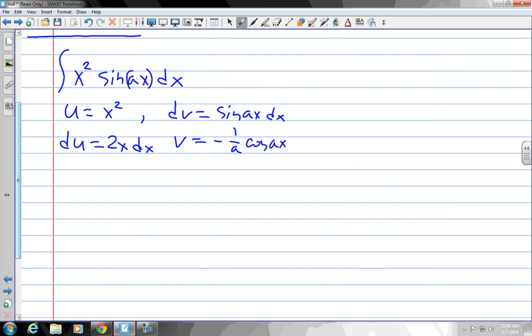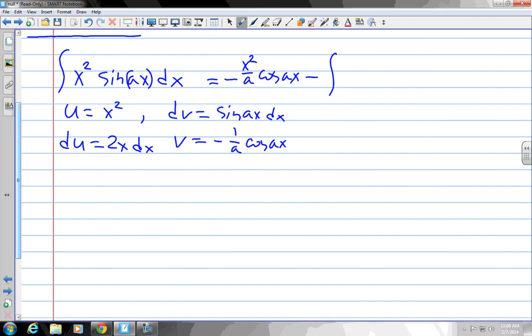You need 1 over a to kill the a as a part of the chain rule, right? Is that okay? All right, so uv is negative x squared over a cosine of ax minus the integral of v du.